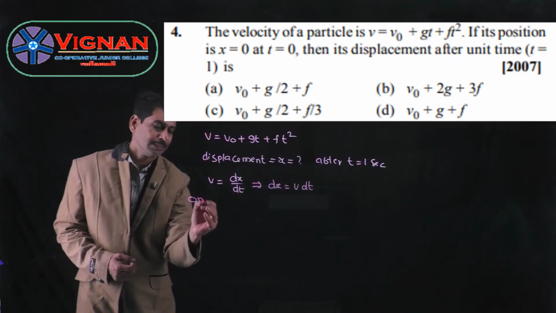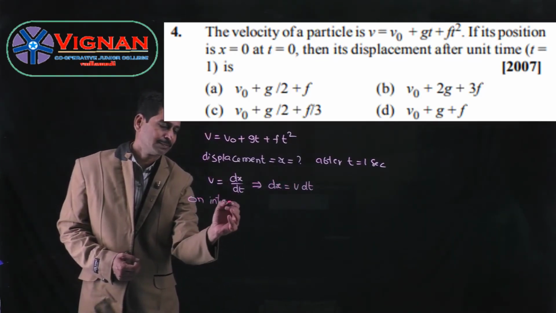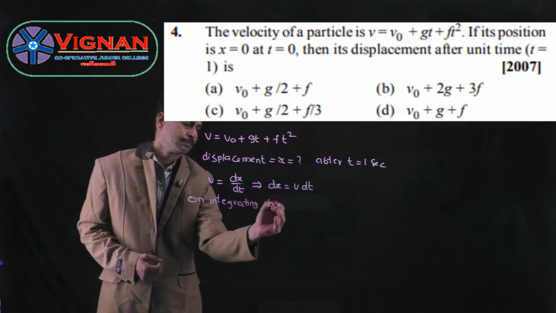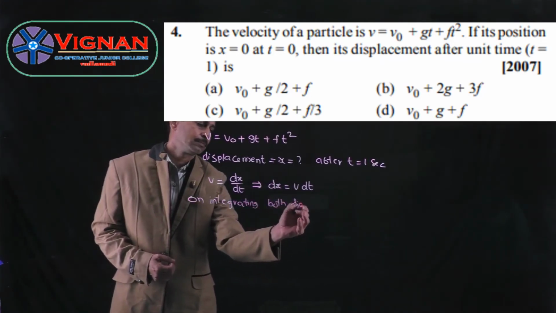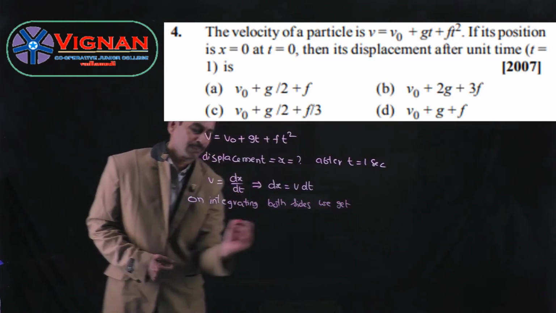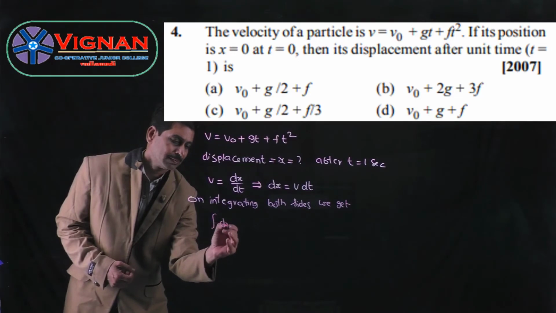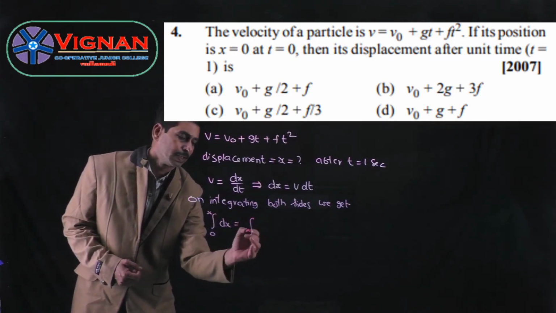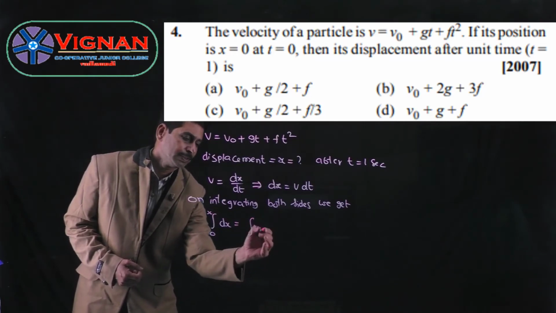On integrating, by bringing root x to this side, you get dx by root x is equal to alpha into dt. So the integral of x power minus 1 by 2 dx, with limits 0 to x, is equal to alpha into the integral of dt, with limits 0 to t.